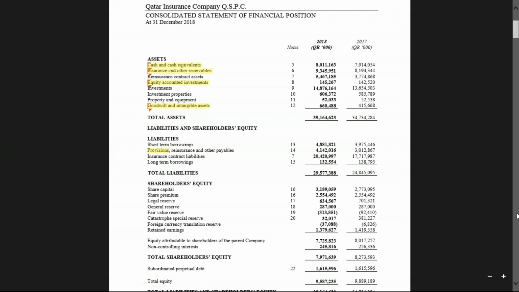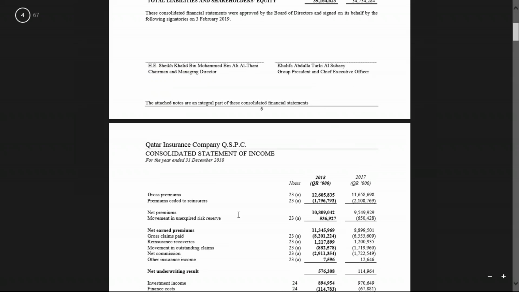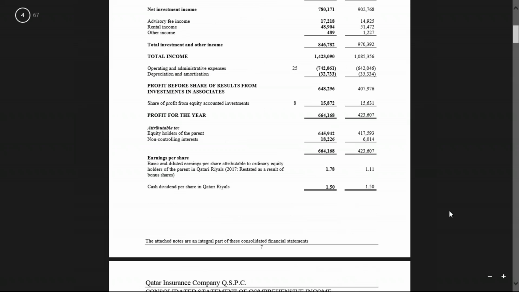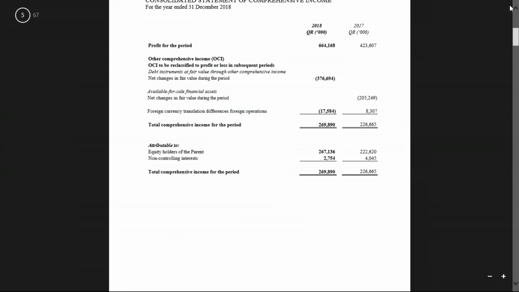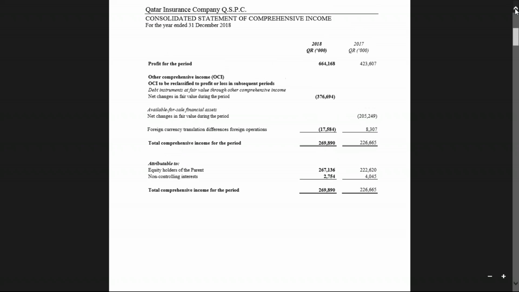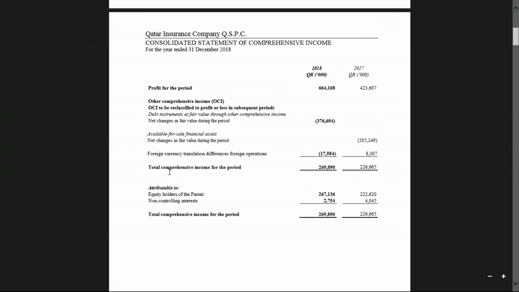So the next part that we look into is the different sources of income. From there we move to the part where we talk about other comprehensive income, or FVOCI, fair value through other comprehensive income.